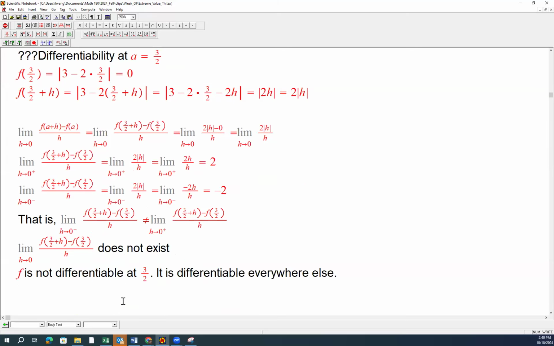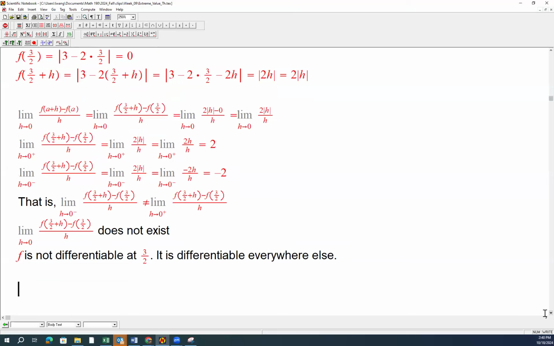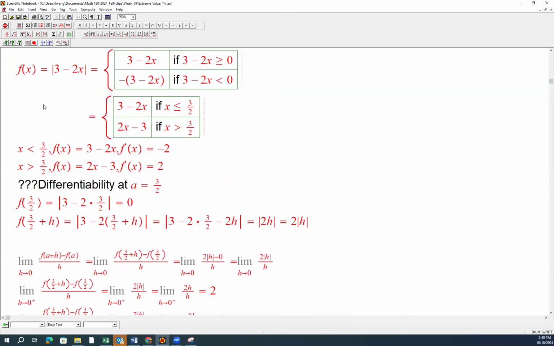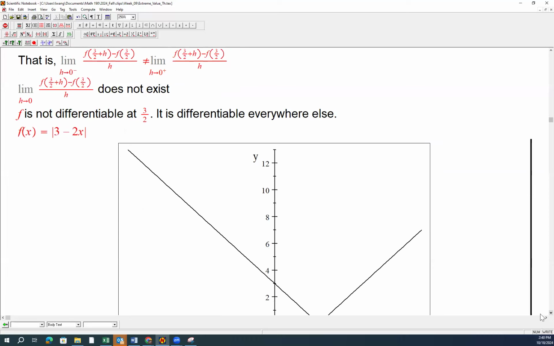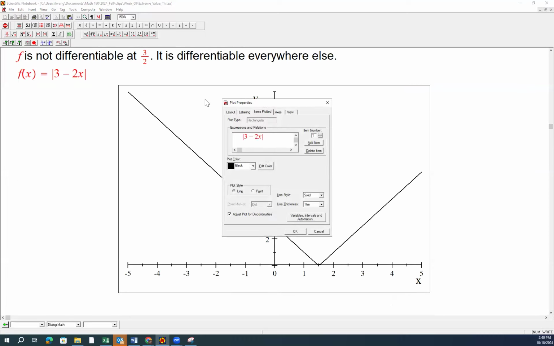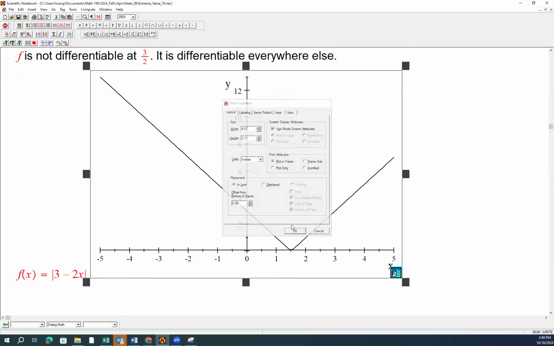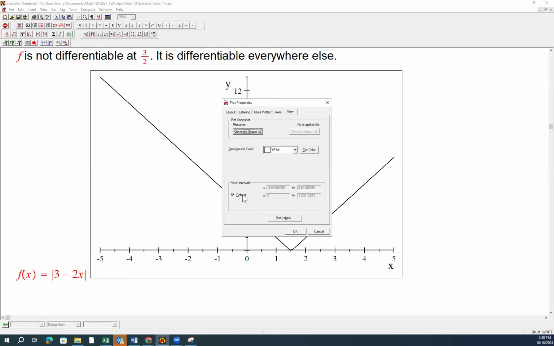So if we draw the picture, the first picture we can draw is about the function. And secondly, we're going to draw about the derivative, right? So this is the function. It's going to be a V shape. The lowest point is going to be, let's see, this is going to be 5.